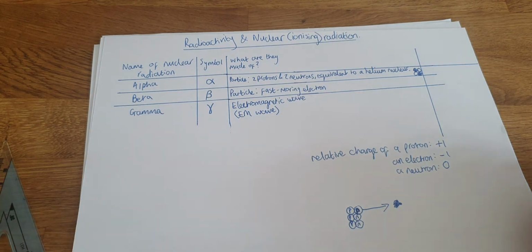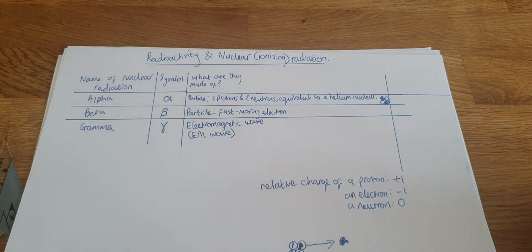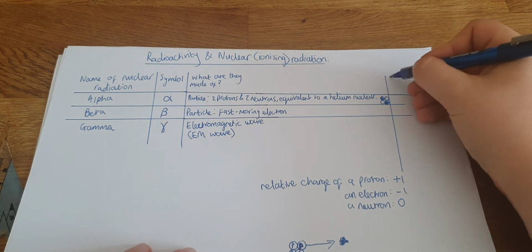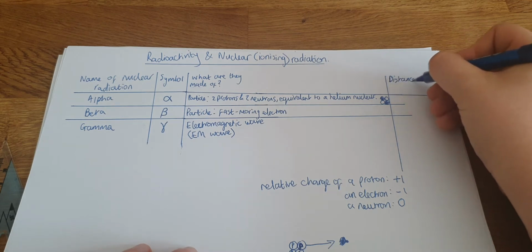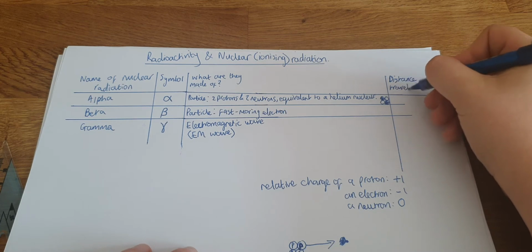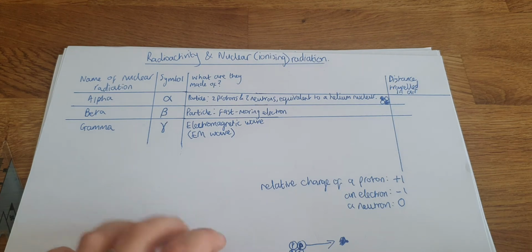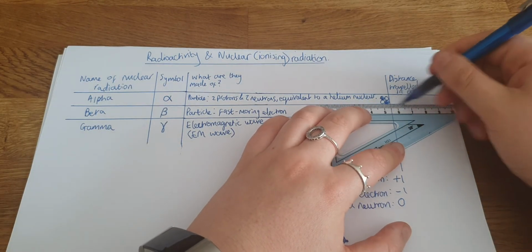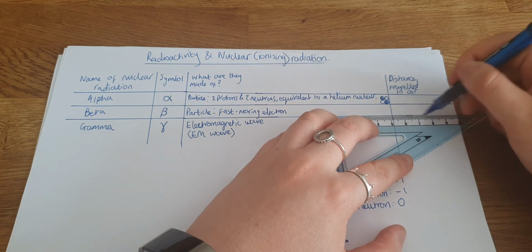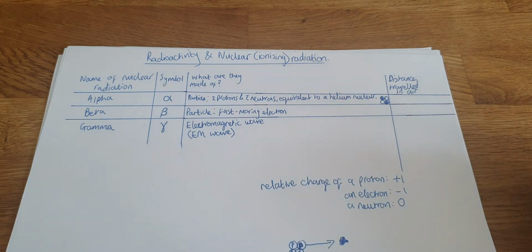So the next thing I would want to talk about is how far they travel in air. So let's put distance travelled in air. And let's just continue on with this. Alpha particle, that can't travel very far in air.